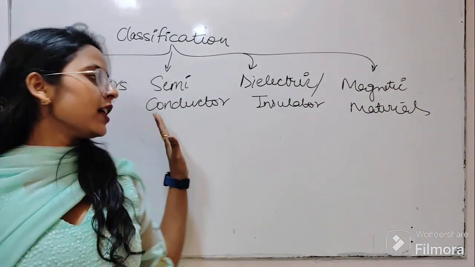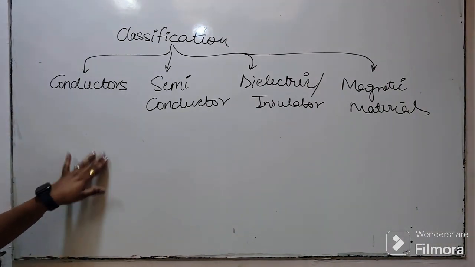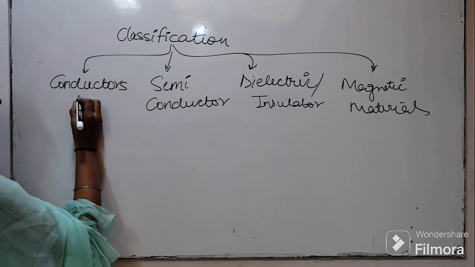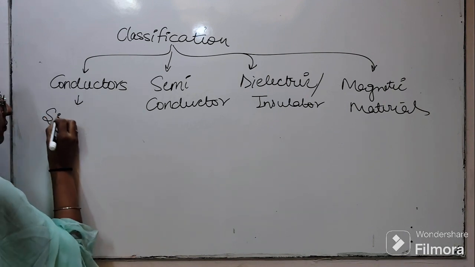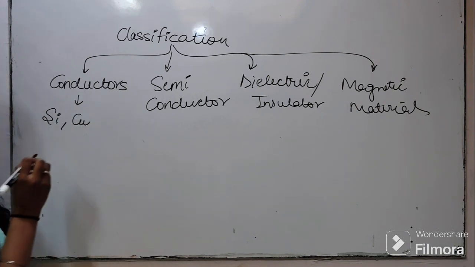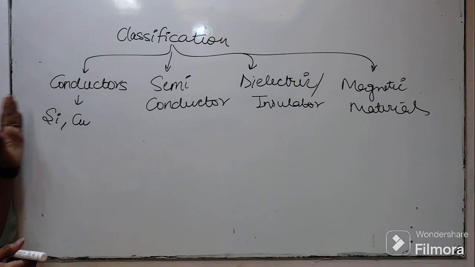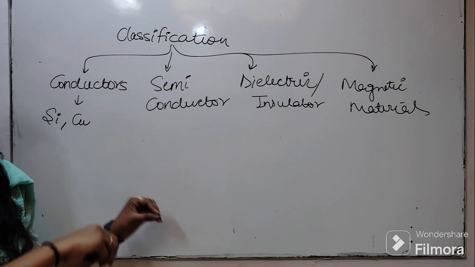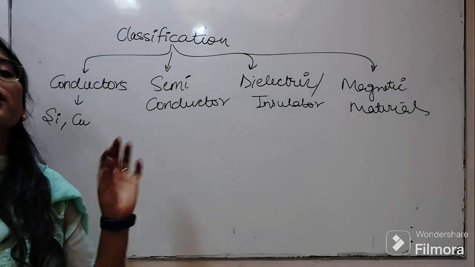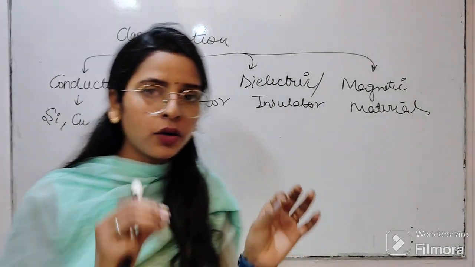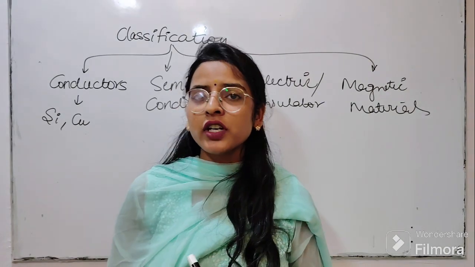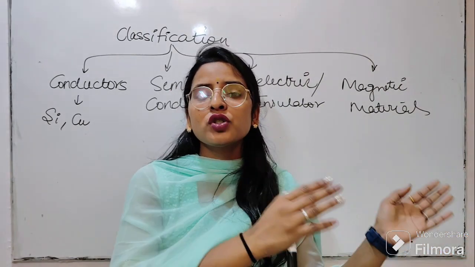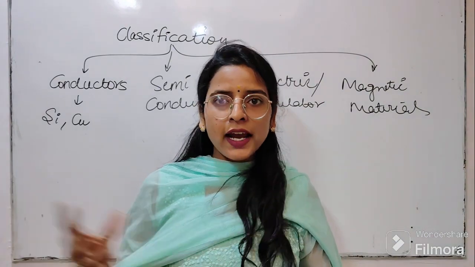First of all, discussing the conductors. I would like to let you know the examples of conductors, which are basically silver and copper, which we are using to pass the electricity from one point to another point. For example, the wires in our homes are a good example of conductors because they are carrying the electricity from the main switch to the distribution box, and so on.